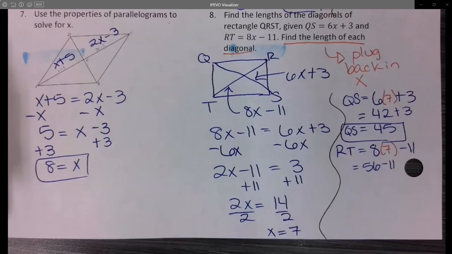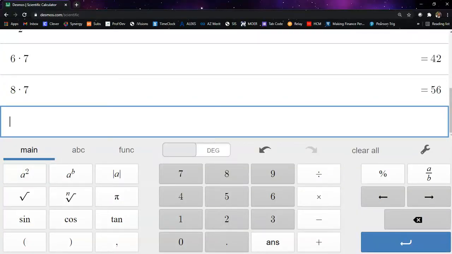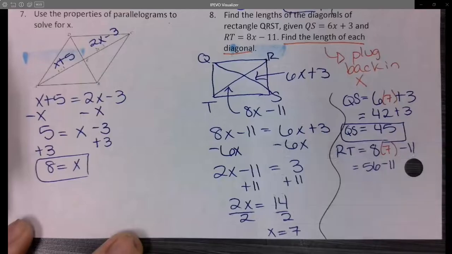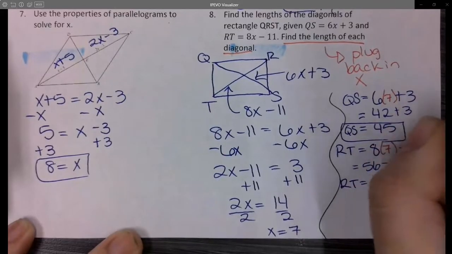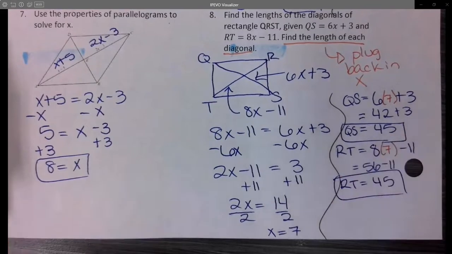Then I want to do 56 minus 11, which gives me 45. So notice both of my diagonals were the same. They should always be the same. Questions here.